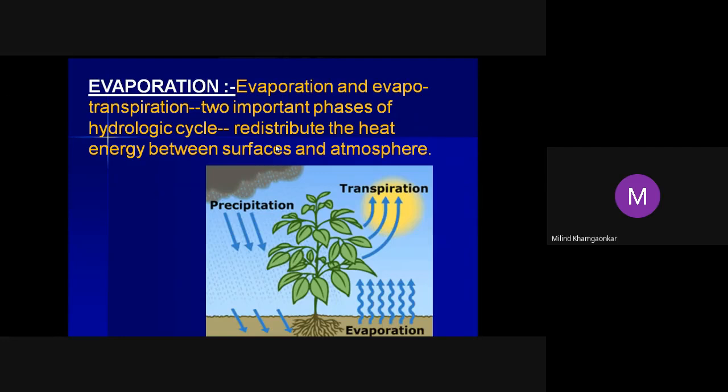Now, a very important discussion part of our unit: evaporation and evapotranspiration. Now what is transpiration, you know. Evaporation is nothing but the conversion of the liquid into the gaseous or vapor state, and transpiration is nothing but the conversion of liquid from the plant's leaves. The plant leaves also need water.